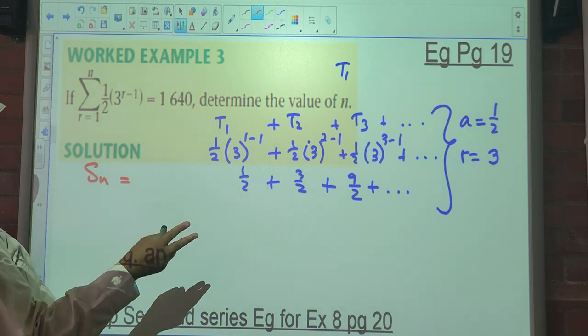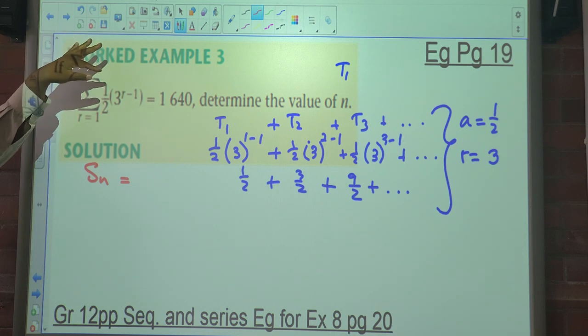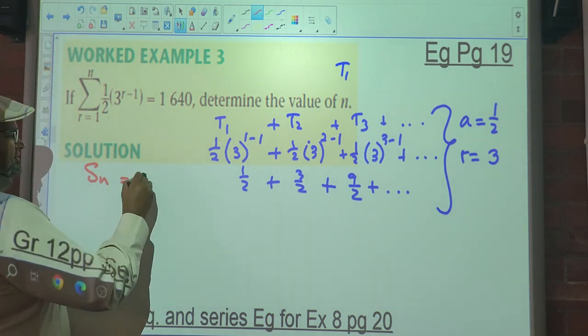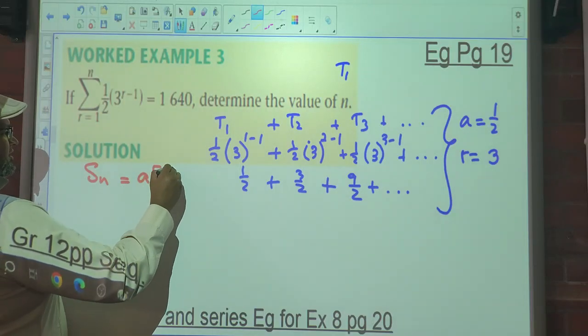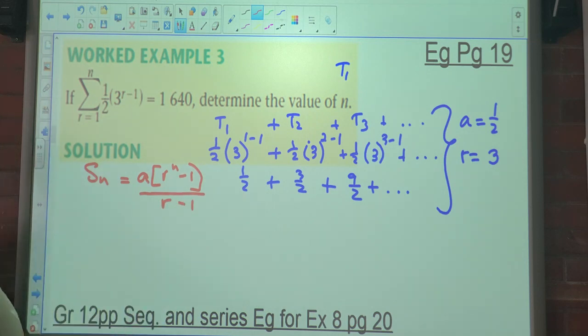The geometric has two formulas, sum to infinity and Sn. Which one of the two are we going to use? Sn. Why? Because it's not going to infinity. If infinity were on top, then I would know, okay, use that infinity formula. So what's the formula? Sn is equal to a into r to the n minus 1 over r minus 1. Or you could have said Sn is equal to a into 1 minus r to the n over 1 minus r. The same thing. Alright.